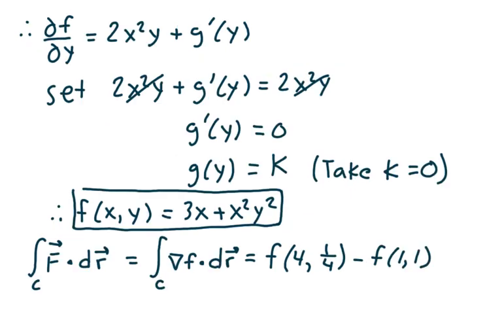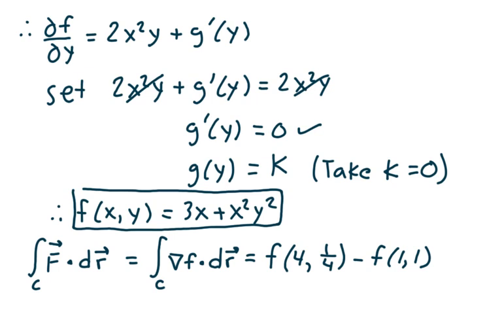So again, set 2x squared y plus g prime of y equal to 2x squared y. So that says g prime of y equals 0, and so g of y equals k. Now, we're going to take k equal to 0, and I'm going to explain that in a minute. So f of x, y is equal to 3x plus x squared y squared. And remember, I took k to be 0.